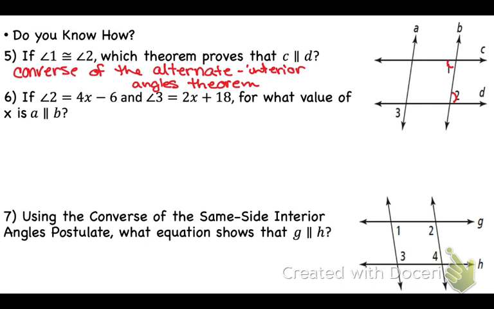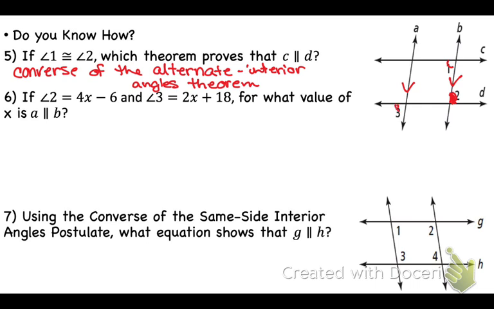Okay, now it says if angle 2 is 4x minus 6 and angle 3 is 2x plus 18, what are the values of x if A and B are parallel? So it says A is parallel to B, yes? And we're talking about angle 2 and angle 3.